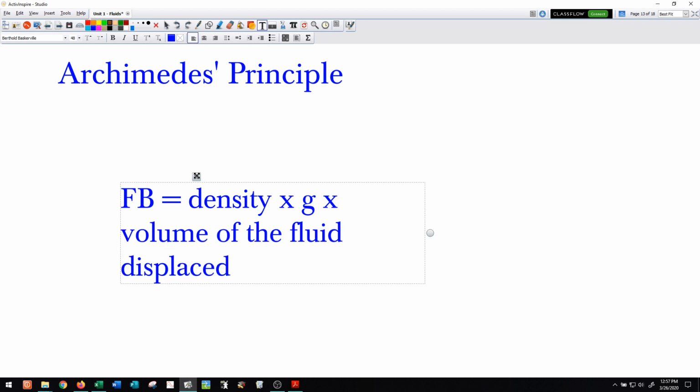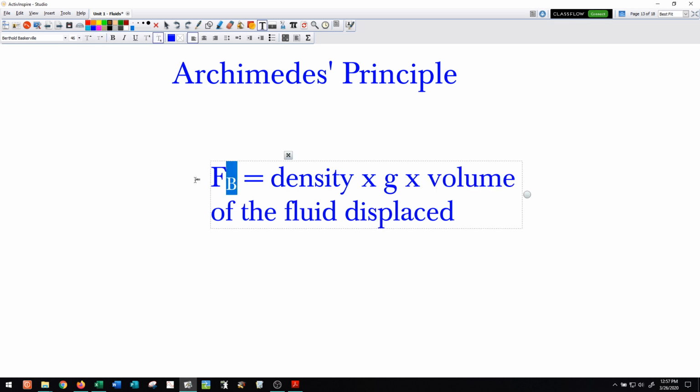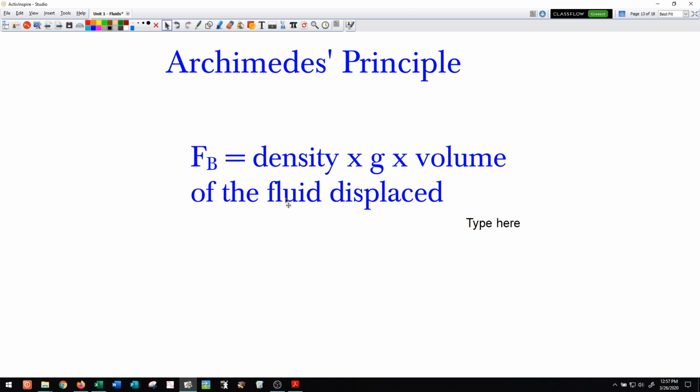If you remember, you can go back and look at your notes on that, that this buoyant force should have a subscript. As long as we know what the density of the fluid is, of course, how strong gravity is, and the volume of the fluid that's displaced, we can calculate exactly what that buoyant force is.